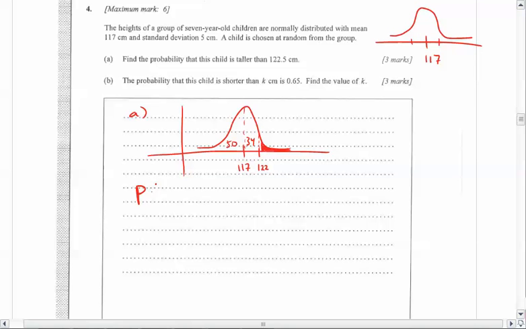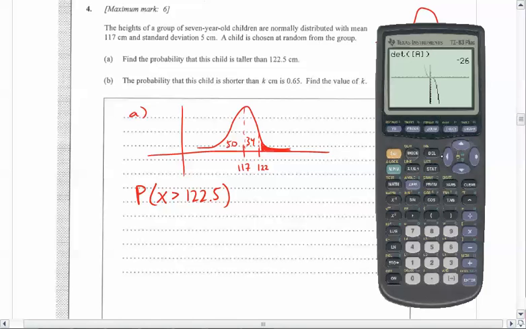So in order to find out the probability that x is bigger than 122.5, I can use my normal distribution. So go to the catalog, down to normal. I want normal CDF.